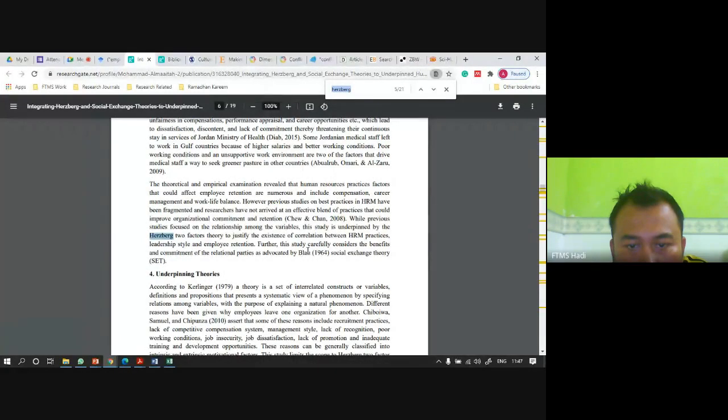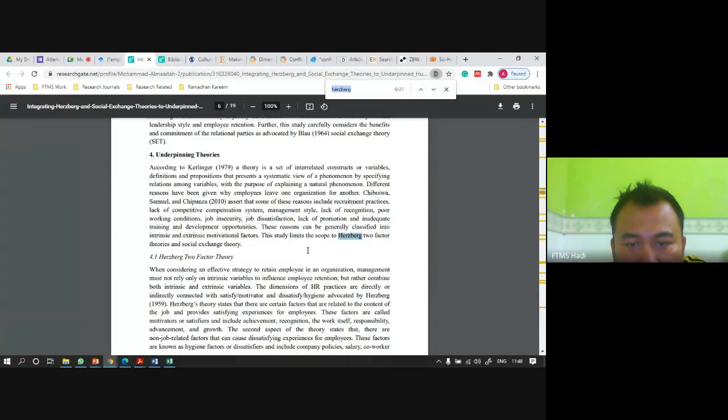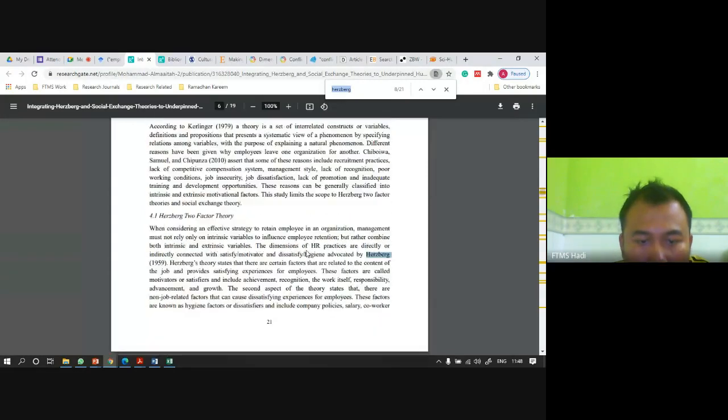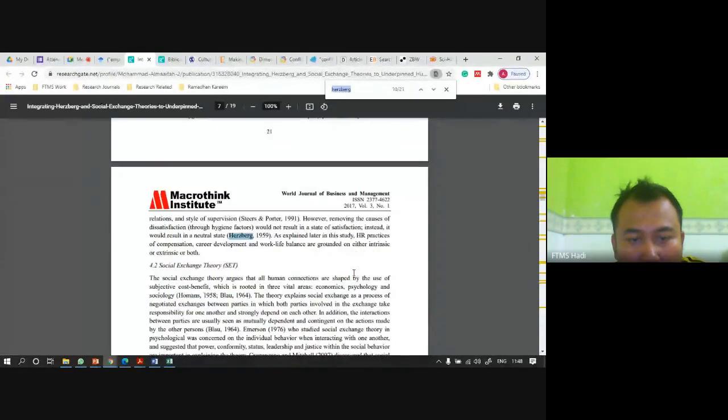Let's have a look if there is anything interesting about this one. There are certain factors related to the content of this one. Motive, bias and satisfaction. Let's say I'm reading this and interpreting it my own way. Let's say that this one is a Herzberg one.